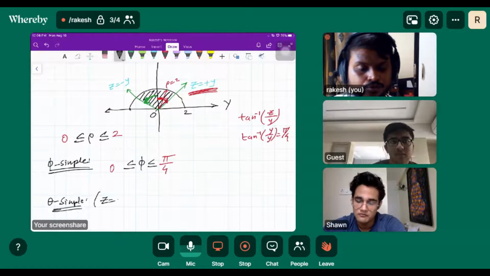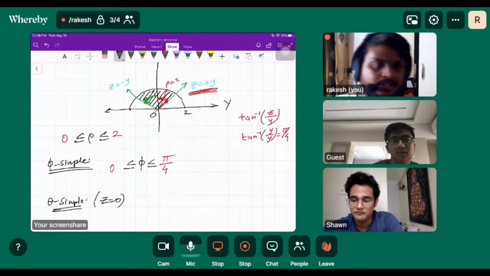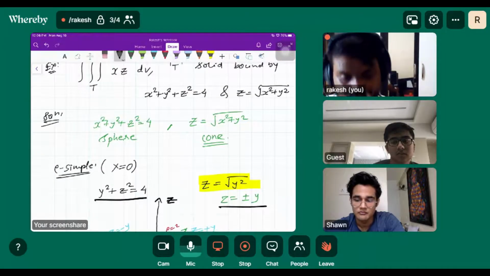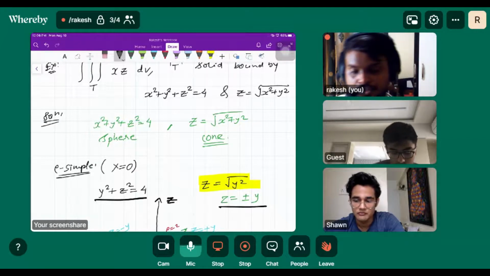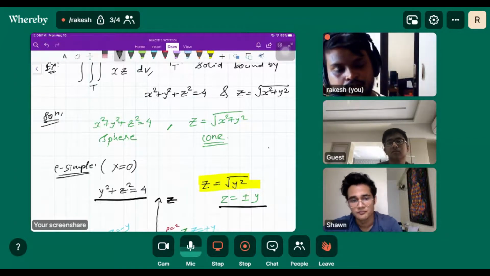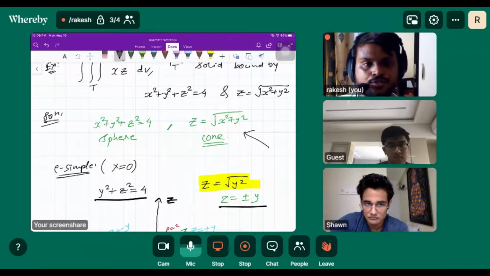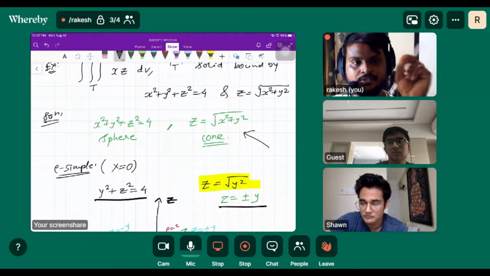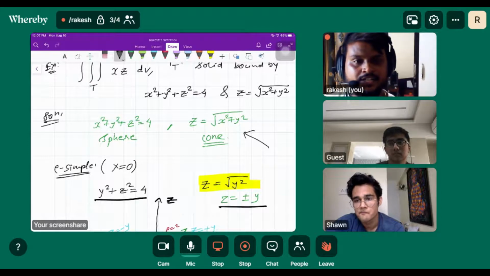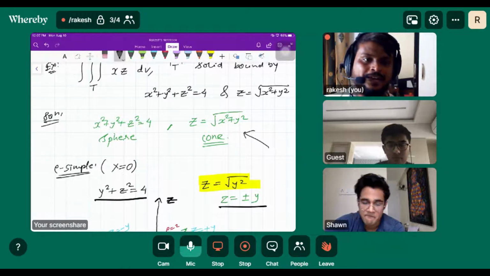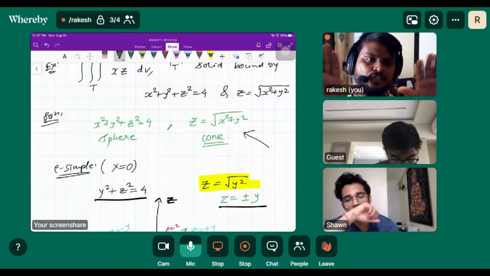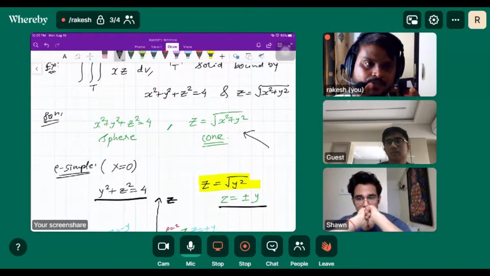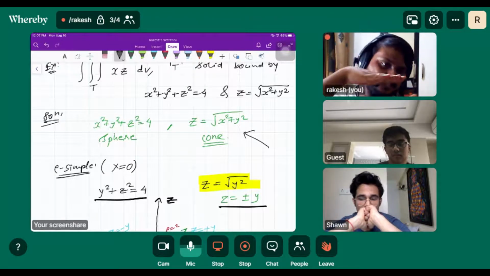Now here there is a little catch, because if you go for drawing the trace of the surface on the xy plane by setting z is equal to 0, what are you going to get here? X square plus y square is equal to 4. Okay, don't take this, because if you take z is equal to 0, that would be x square plus y square is equal to 0. That's just a point, that's the origin, right? Basically, if you have to draw the intersection of the surface on the xy plane, what we do is find the level curve of the two surfaces, right?